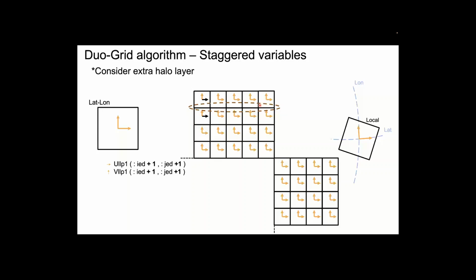So in FV3, we currently use 3 layers because of the numerical scheme, and then for the geogrid, we have to take 4 layers into account because we will need some data outside of the third layer to basically get a correct value of the arrow here that's represented at the extreme edge. So now we consider an extra halo layer.